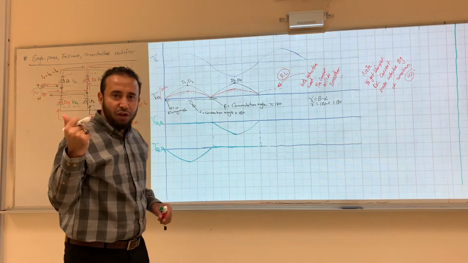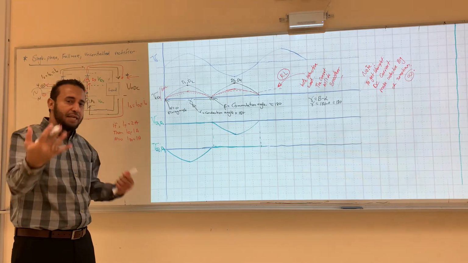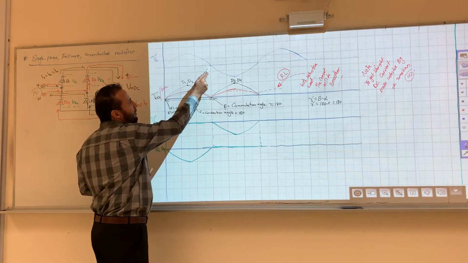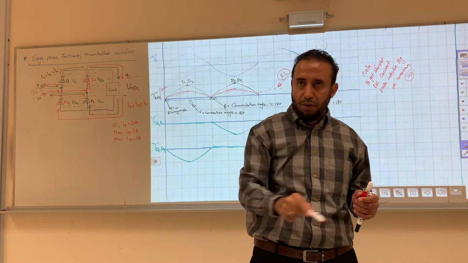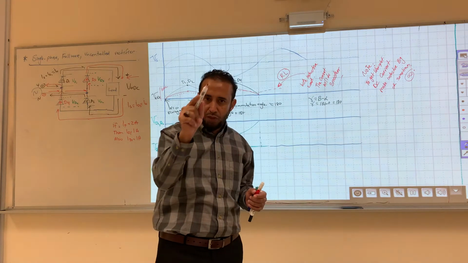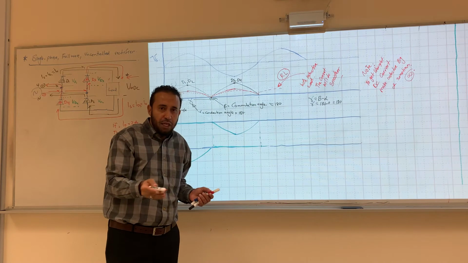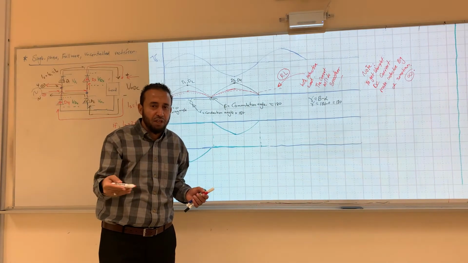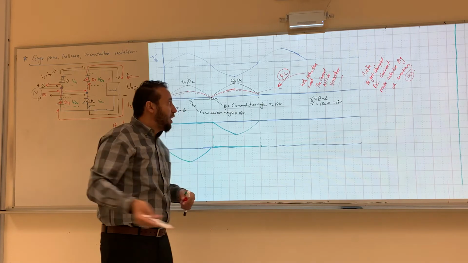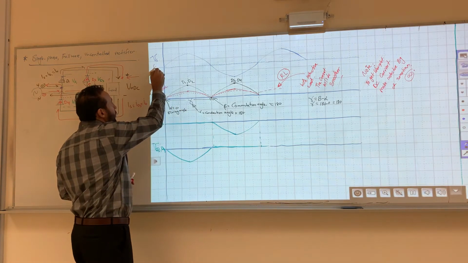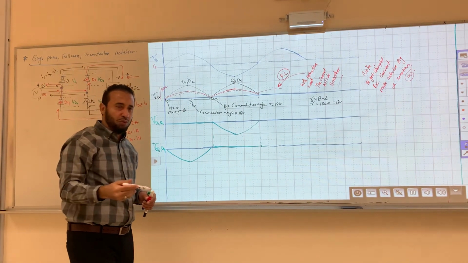Last time in half wave, I asked you a question, what would be I source? I told you that I source would be the same as I output because the connection is in series and it's one path. So the positive will go through the diode, and that is it, the pulse of the current will be half, same as the I out. But here, what will be I source? I source will be sinusoid. It will be positive and negative.